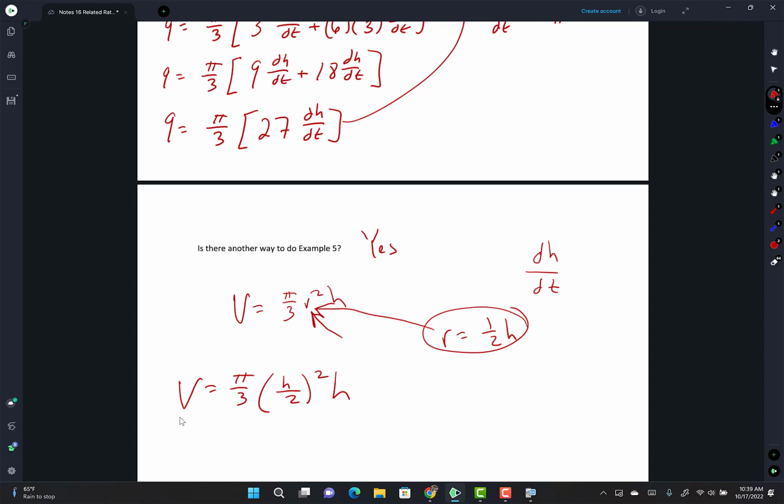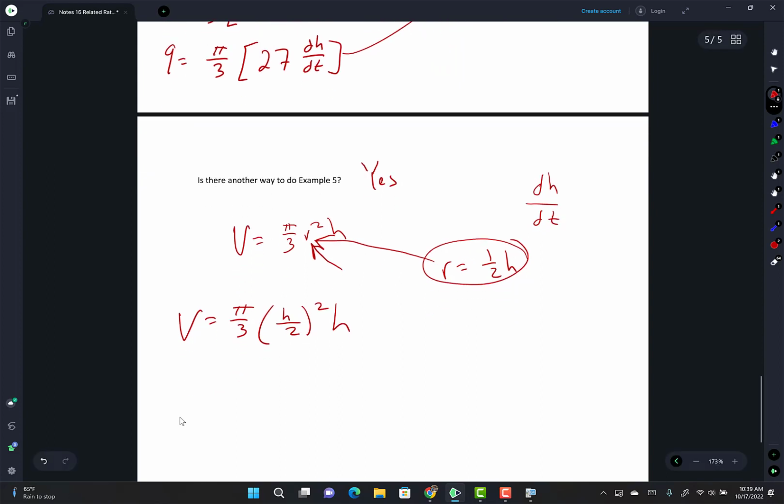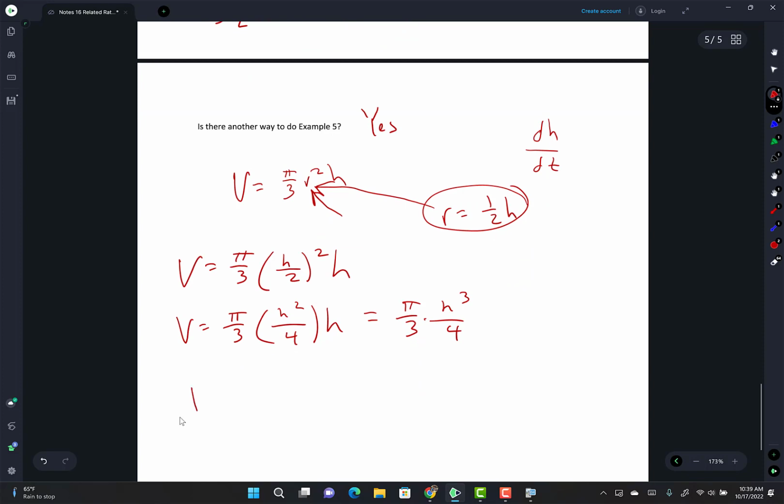Have I confused anyone? Okay, when I square that, volume equals, look, I haven't taken a derivative yet, h squared over 4 times h. And then when I multiply h squared times h, that is going to be pi over 3, h cubed over 4. What's 3 times 4? So here's what I have. Pi over 12, h cubed.